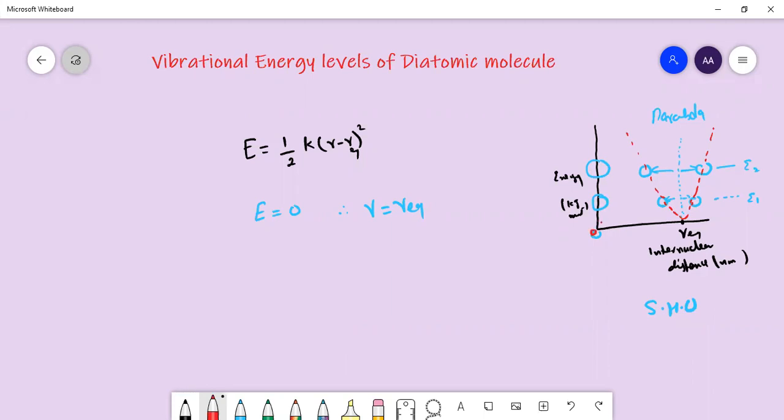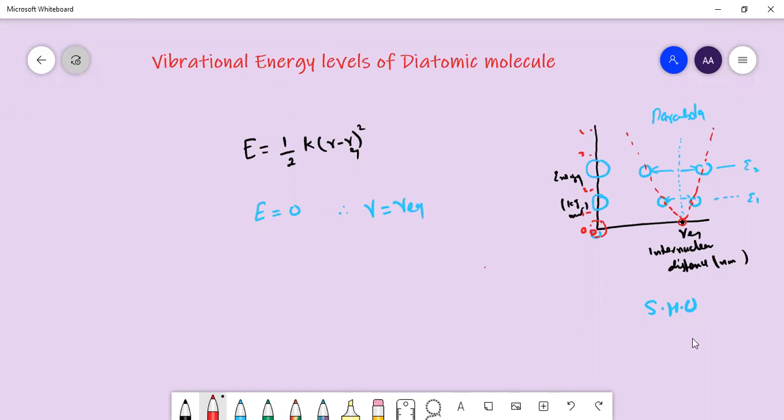At this point, one atom will exist here and the second atom will exist here. Then the energy is 0, because this is the energy axis. It can be 0, 1, 2, 3, 4, 5, and so on. In this way, the energy of this diatomic molecule may increase.